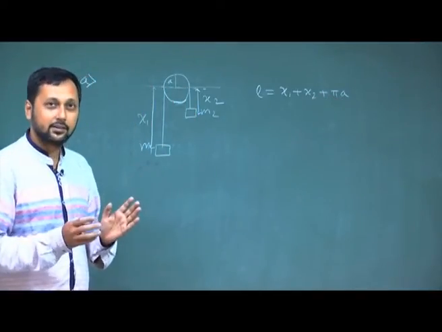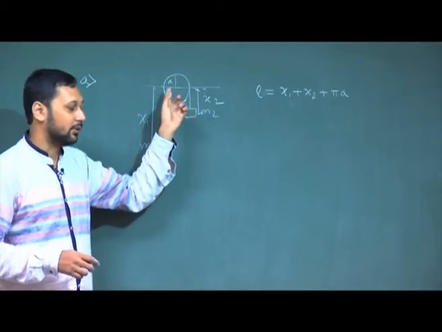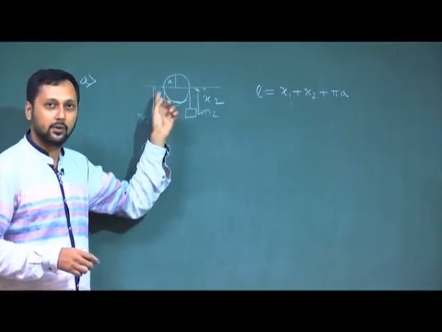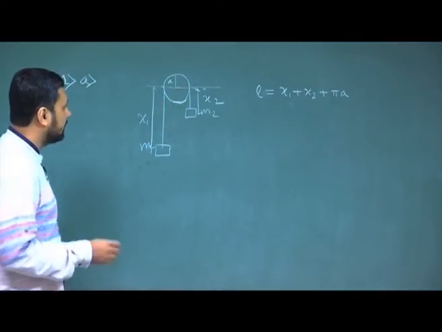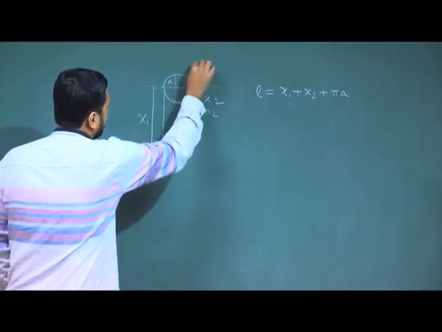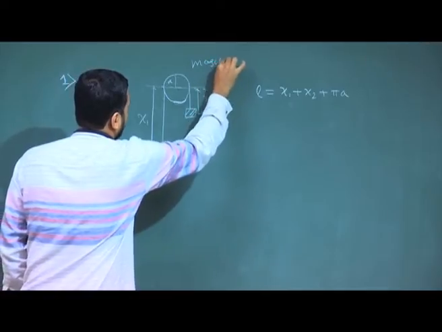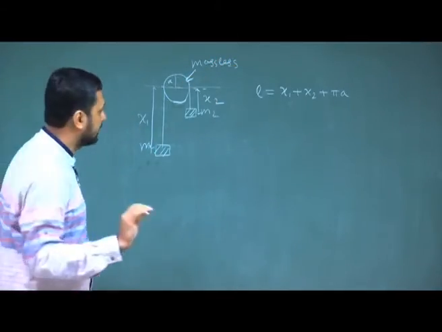If we consider that the pulley has mass, then we have to take the angular momentum or the rotational energy into account, and then this will have some effect. But right now we are considering that there are only two masses in the system, m1 and m2. The pulley is massless, and the string is also massless.